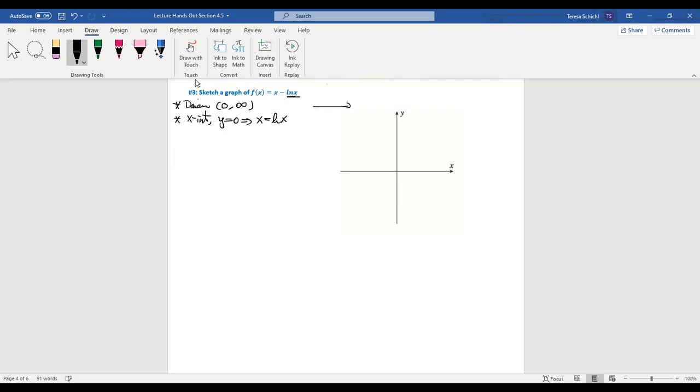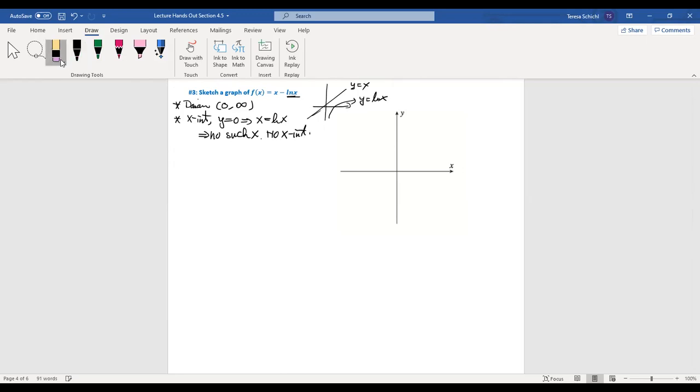If you graph it, y equals x and y equals natural log x never intersect. So there's no such x, which means no x-intercept.